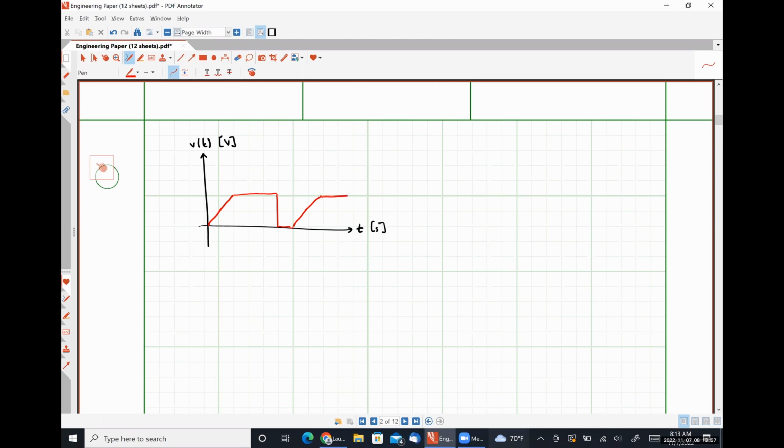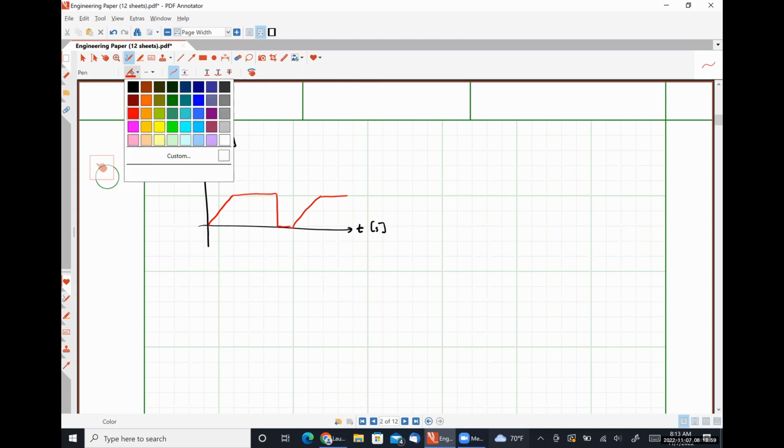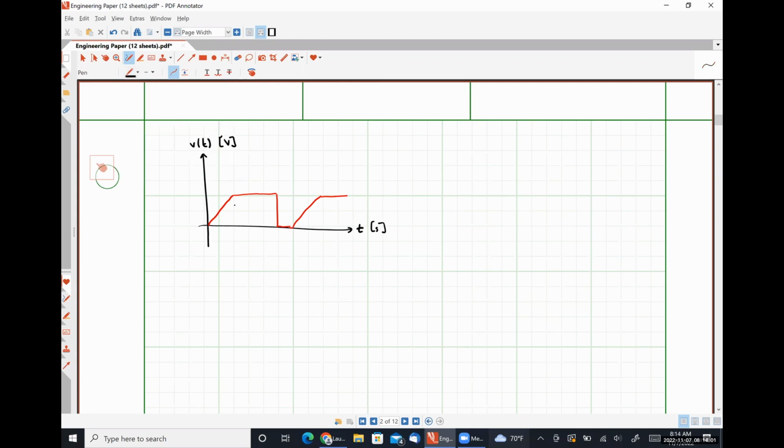And we have a repeated sequence of these odd shaped waveforms. Let's call this 2, 5, 6, 8, etc. And let's call this 10 volts, our peak value. And we want to determine the effective value of this waveform.